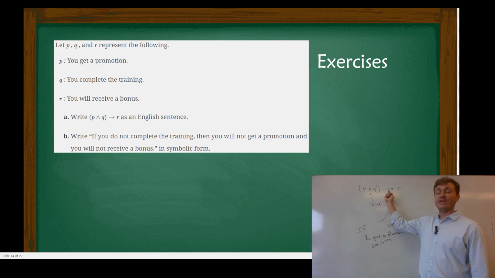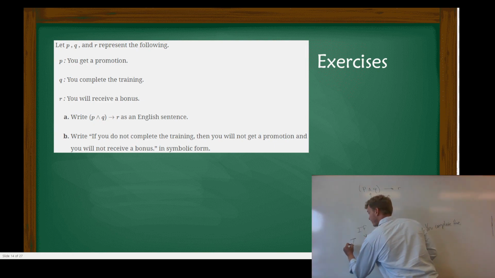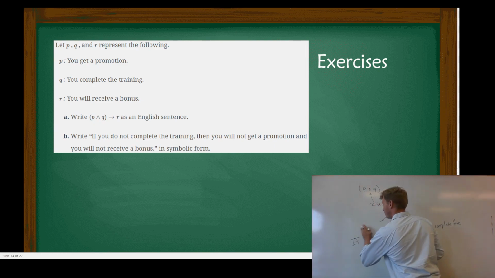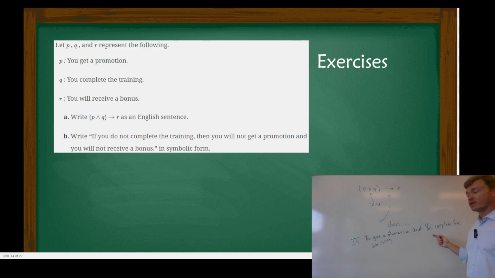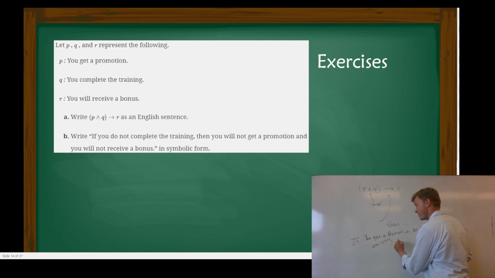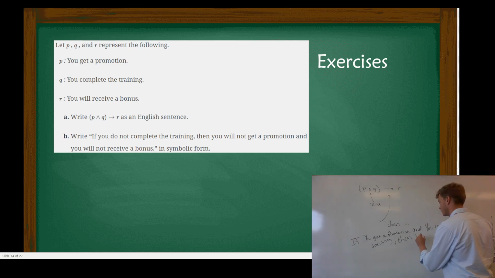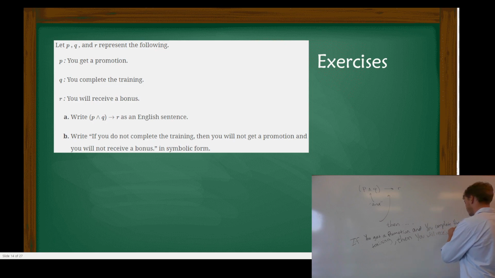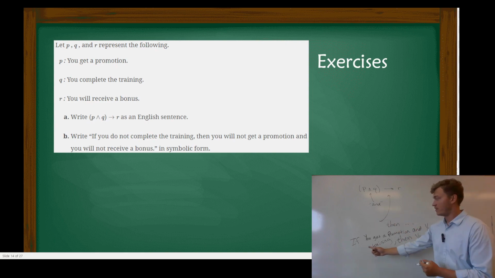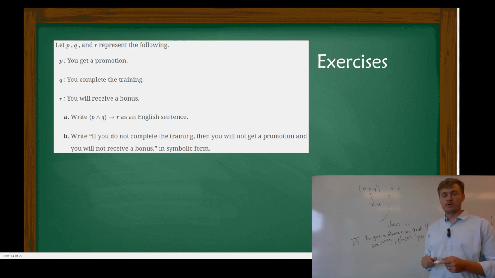But now I need to include the if-then statement. If you get a promotion and you complete the training, then what? Then R. And R is you will receive a bonus. Making use of two of our connectives, the and connective here, the if-then connective there as well.